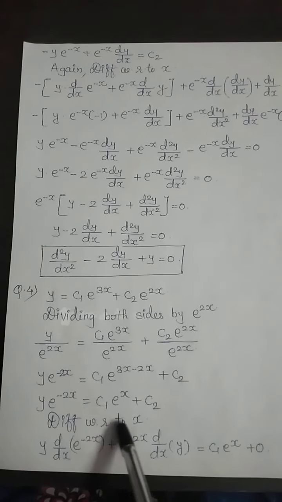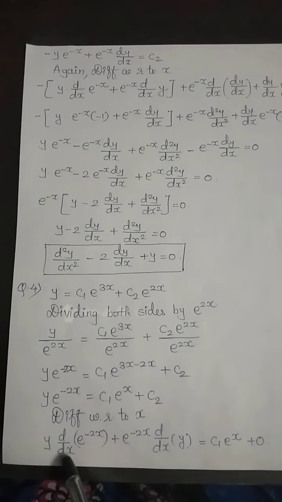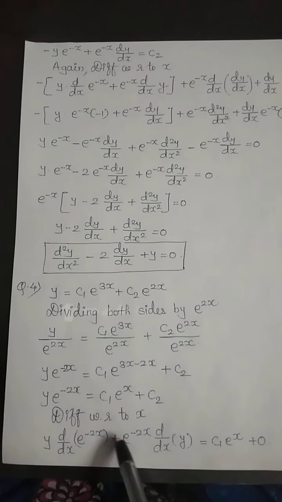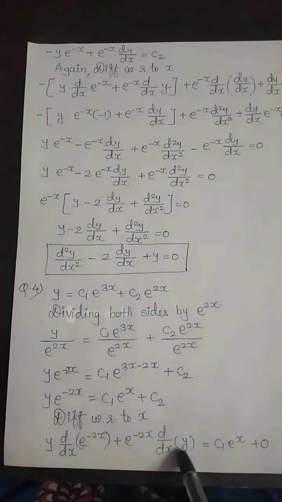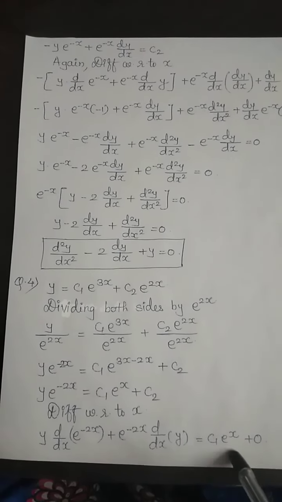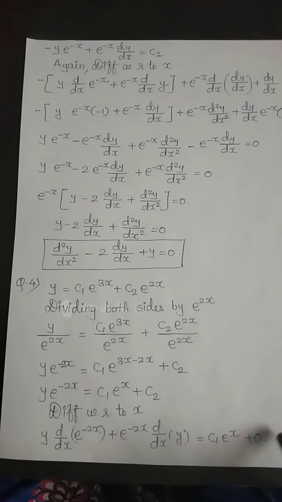Now we can differentiate with respect to x. For the left hand side term, we will use the u into v rule. So y into derivative of e raised to minus 2x plus e raised to minus 2x into derivative of y. And on the right side we will write c1 into derivative of e raised to x as e raised to x plus derivative of c2 as 0.